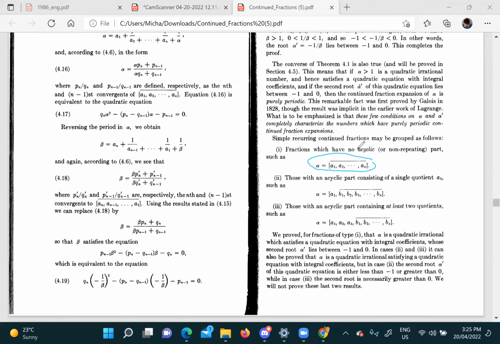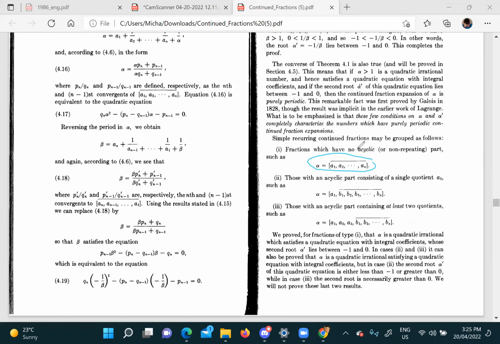So actually, the thing which has been proved is that if you have a purely periodic continued fraction like that, then it satisfies a quadratic equation with integer coefficients.